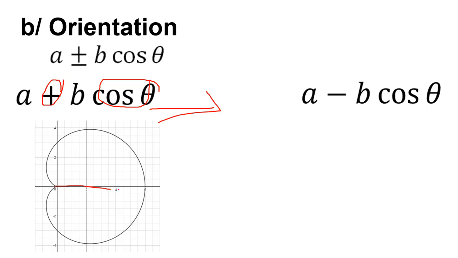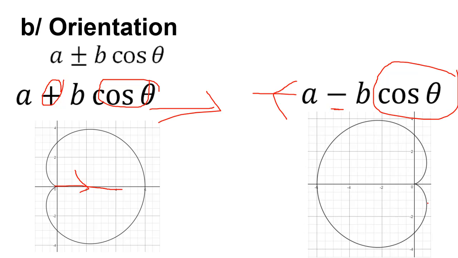Here it is. For a minus b cosine theta, likewise it must have a straight line, and the negative sign means it must go here. This is the graph of it.